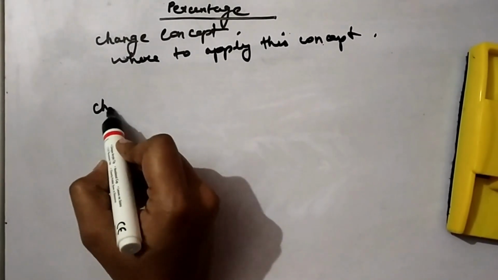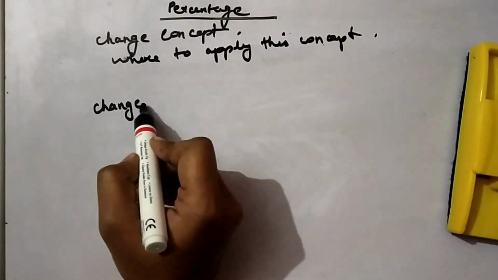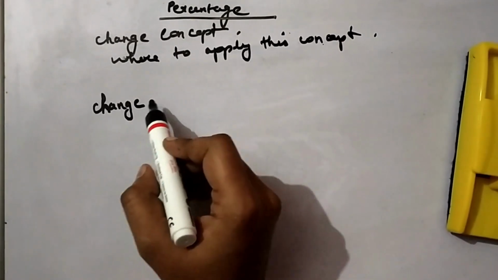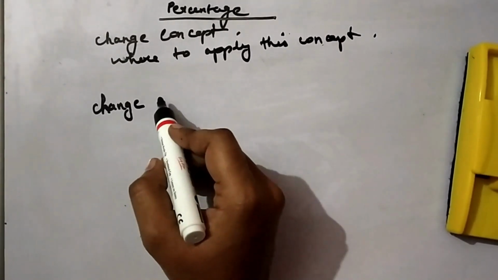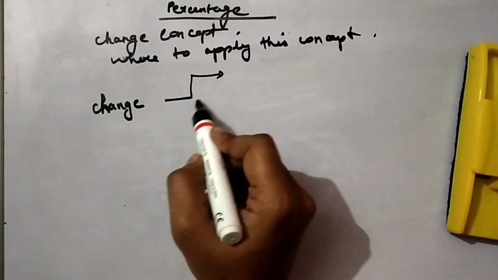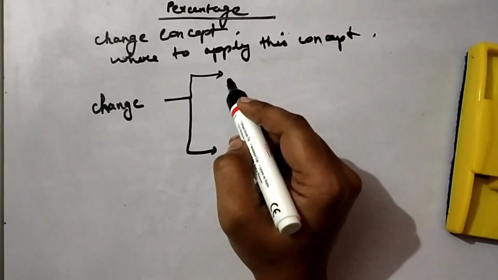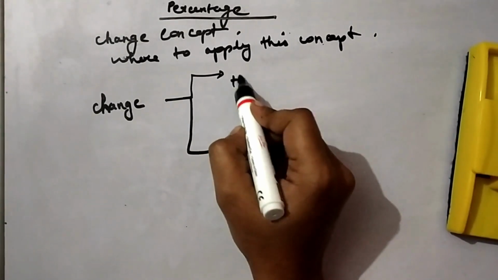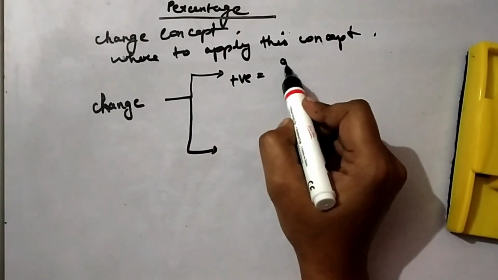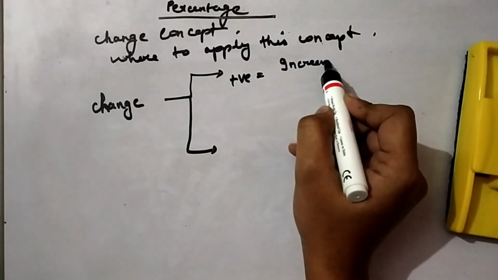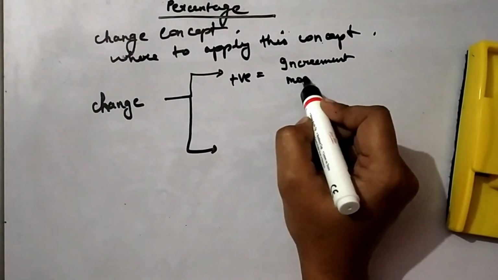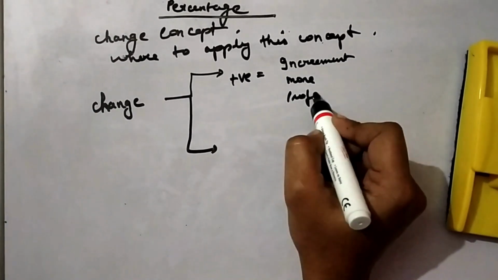Change is neither positive nor negative. We have seen earlier, change is neither positive nor negative, so there can be positive terms, there can be negative terms. So positive means what? Positive means increment. It can be increment, it can be more, it can be profit.